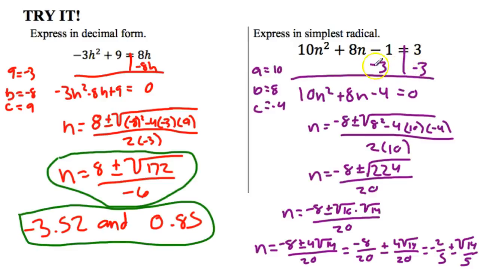I had to do a minus 3 to get it over. A lot of plug and chug. The determinant was 224. That broke down to square root 16 times square root 14. In the final answer, I put it in this corner over here. A lot of work. If you make one little mistake, it'll throw you off. But this is the final answer right there.